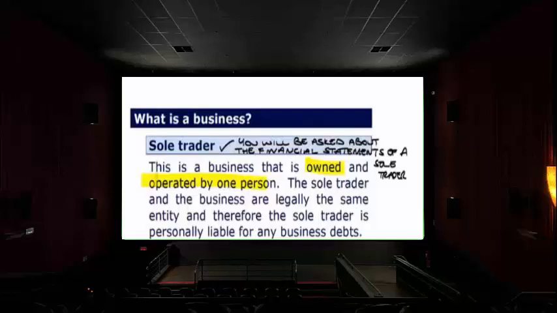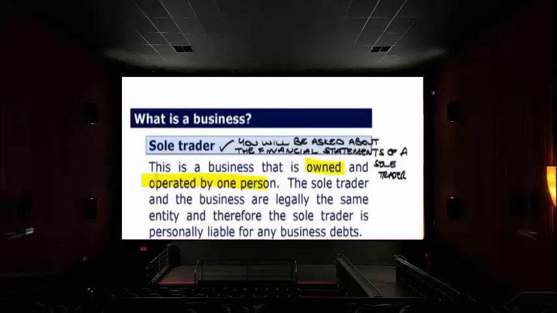So if the sole trader owes money to a supplier, well then it's the sole trader's own responsibility to pay that money. Now if the business itself, AZ Electricals, does not have enough money to pay for that supplier, well, the sole trader, the owner and operator of the business, the electrician, is going to have to take money out of their own pocket and give it to the supplier.